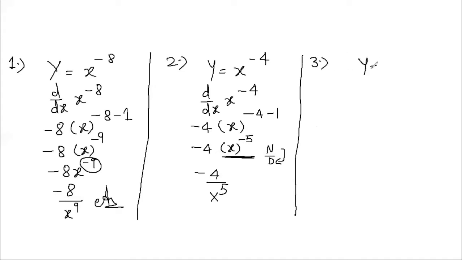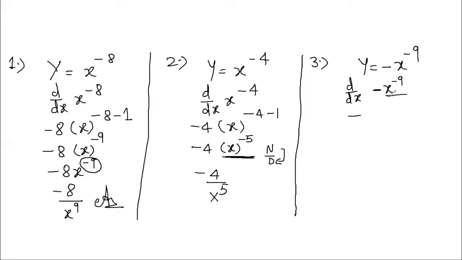Let's take y is equal to negative x to the power negative 9. Oh, now one more negative. Don't you worry, this is again easy. Differentiation of negative x to the power negative 9 is how much? See, how can I do it? This negative sign is already present in the question, so I will use it as it is.